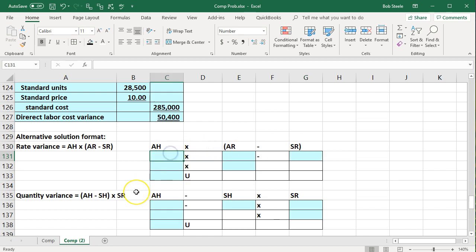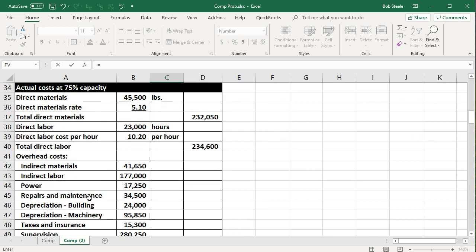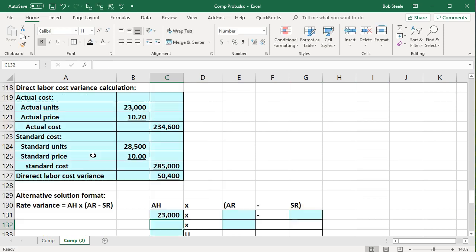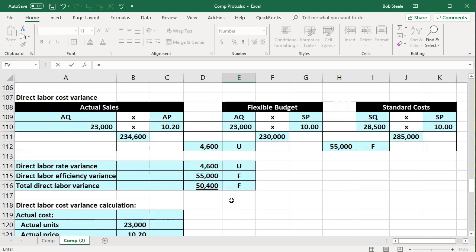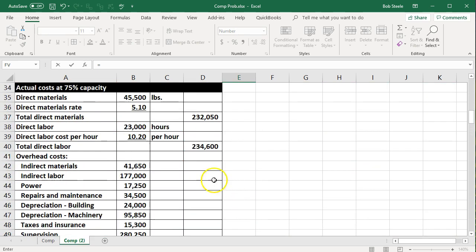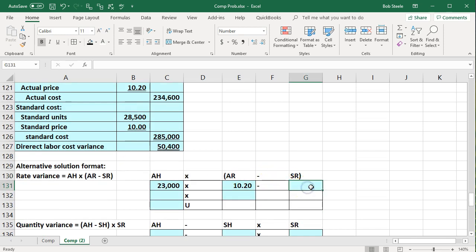So we're looking for the actual hours. If I say equals and scroll up to find the actual hours, that is 23,000. And then the actual rate, if we scroll up, is going to be the 10.2 minus the standard rate equals, and I could pull that here, the standard price, 10.